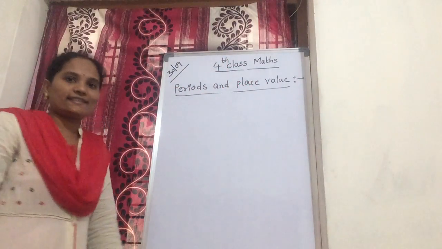Now tell me, children, we know place values: ones, tens, hundreds, thousands.